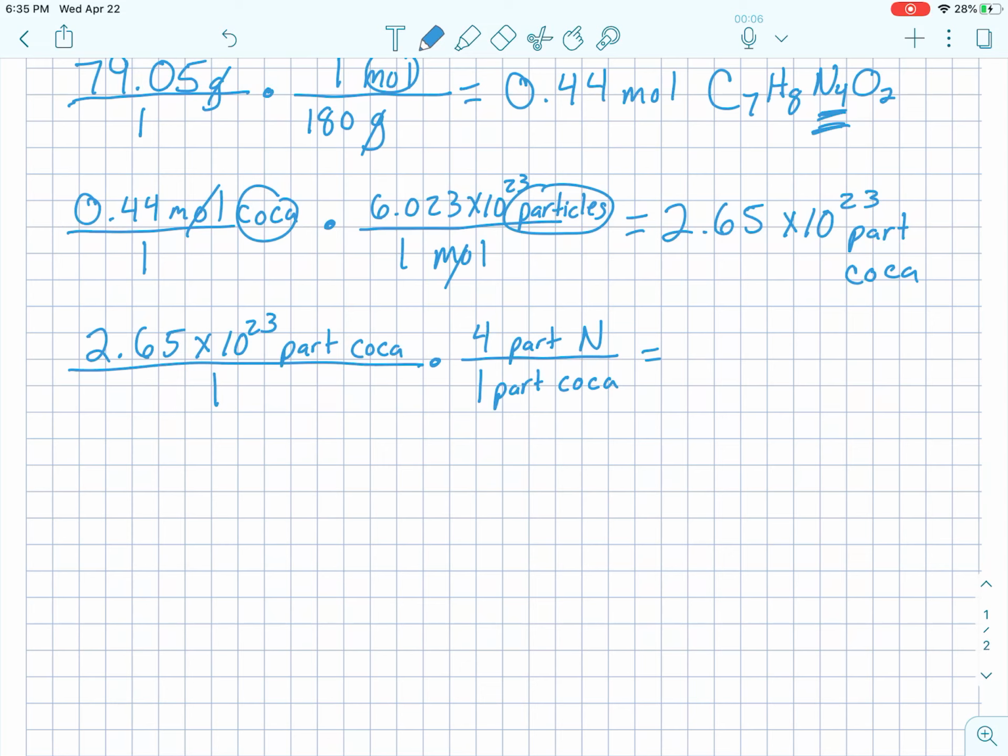So now I'm going to take that 2.65 times 10 to the 23rd, and I'm going to multiply it by 4, and I get 1.06 times 10 to the 24th.